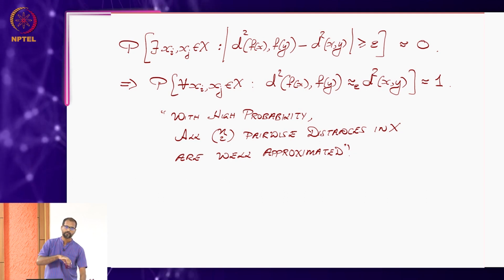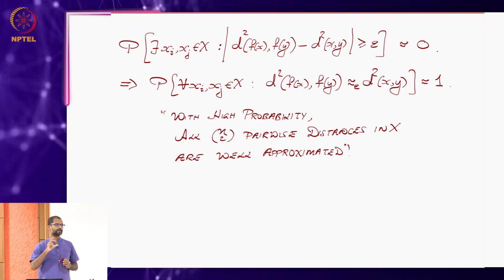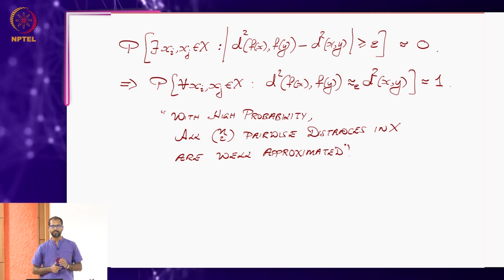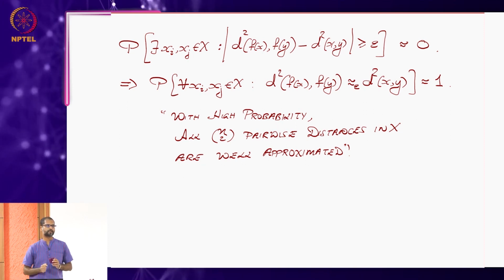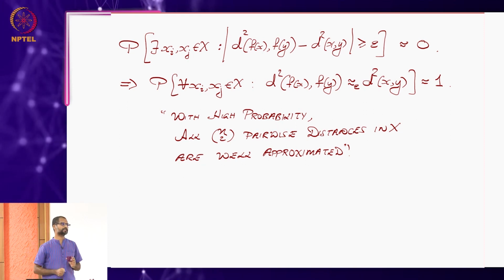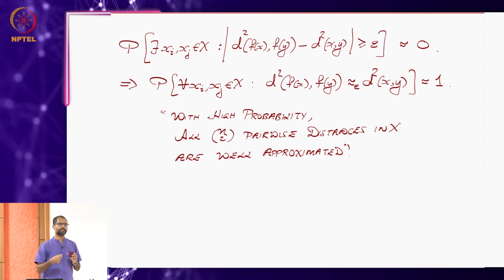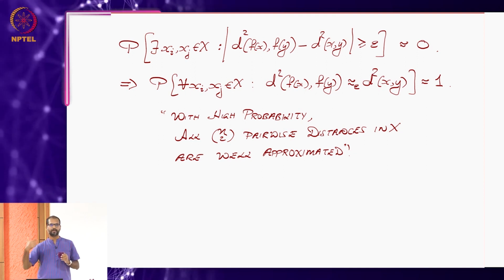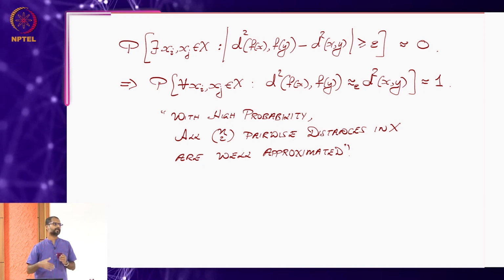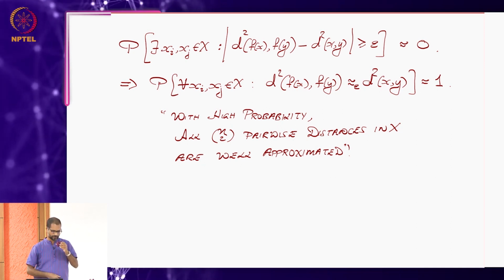Why is that true? That is because measures concentrate. When you add up random variables, their probability distribution tends to be very concentrated around the mean, and we have cooked up this transformation in a way that it mimics adding up scaled random variables and so on.